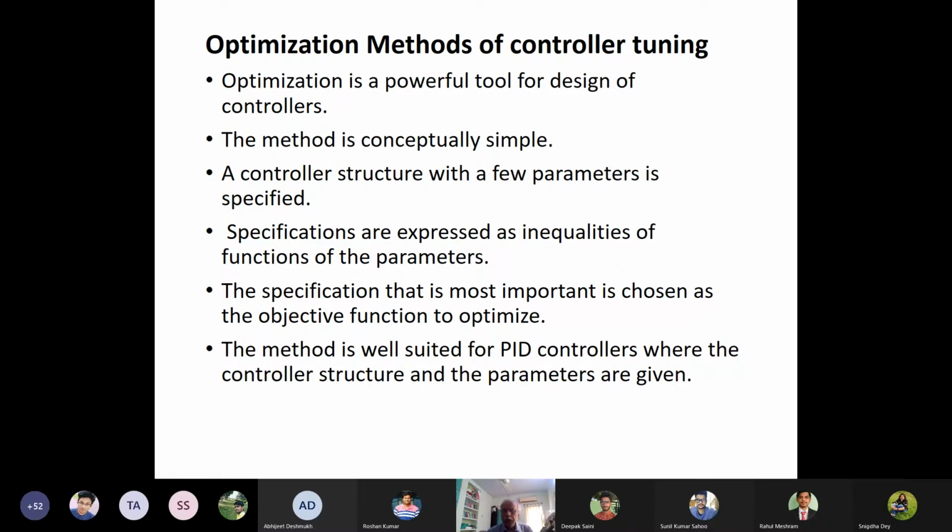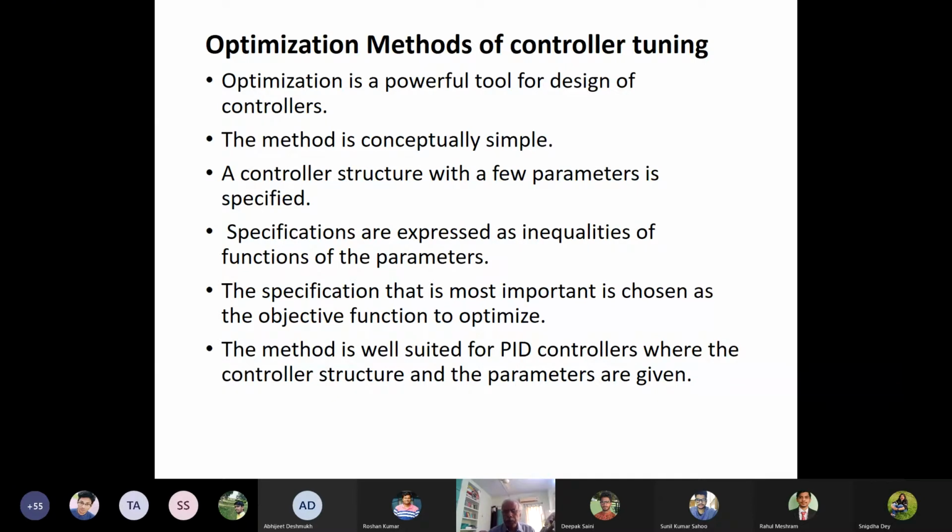So we can devise number of specifications for controller tuning, and one of the specifications which we think is the most important one, we use this one as an objective function to optimize. And other specifications can be used as the inequalities or equalities functions of the parameters.